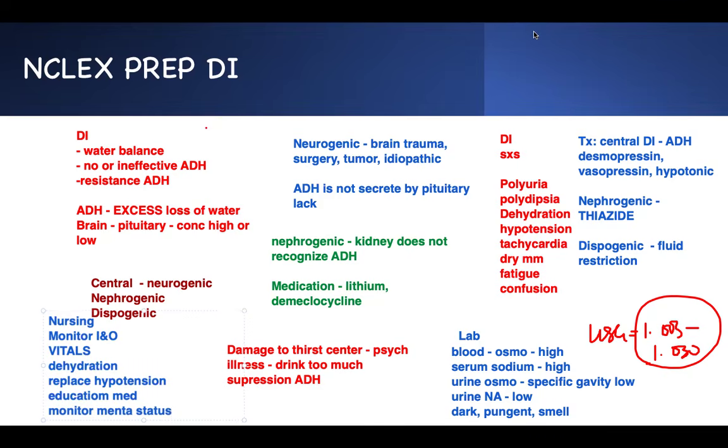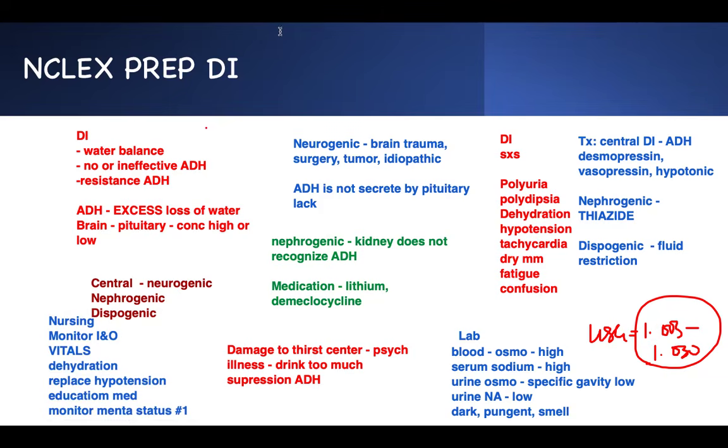Why is mental status number one? When somebody has diabetes insipidus and you're treating them with desmopressin, you have to monitor them after treating them.